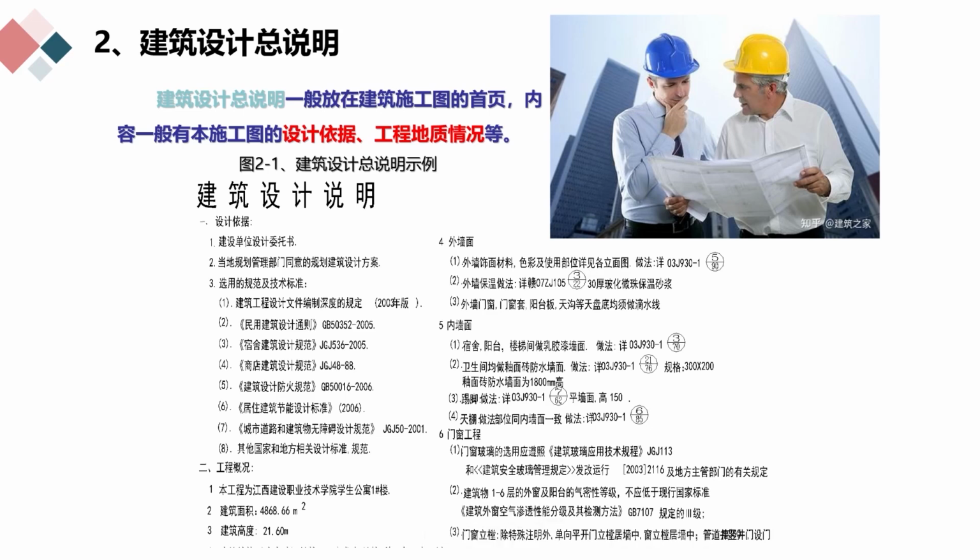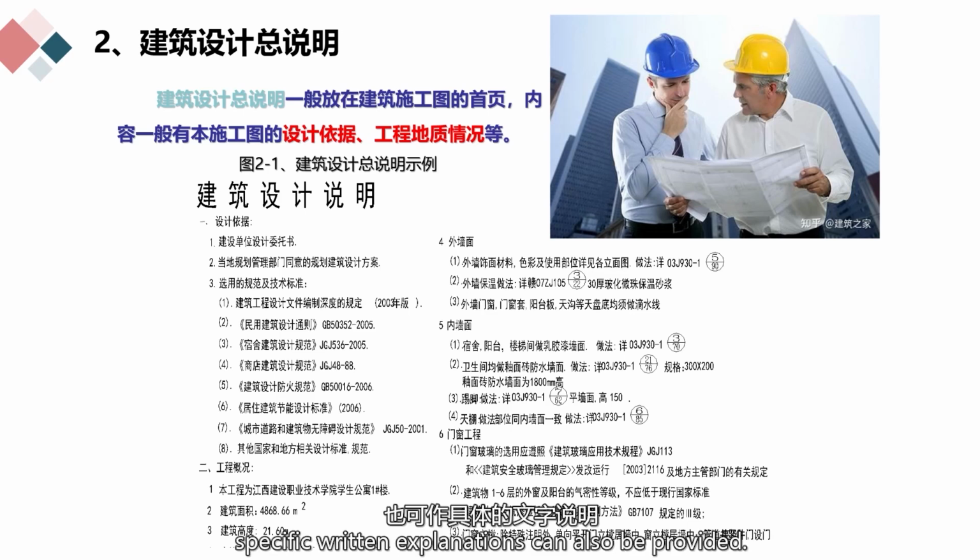Materials, construction methods, specific requirements and other situations that are not elaborated in detail on the drawings. Specific written explanations can also be provided. For medium and small-sized projects, their general design instructions are generally included in the building construction drawings.